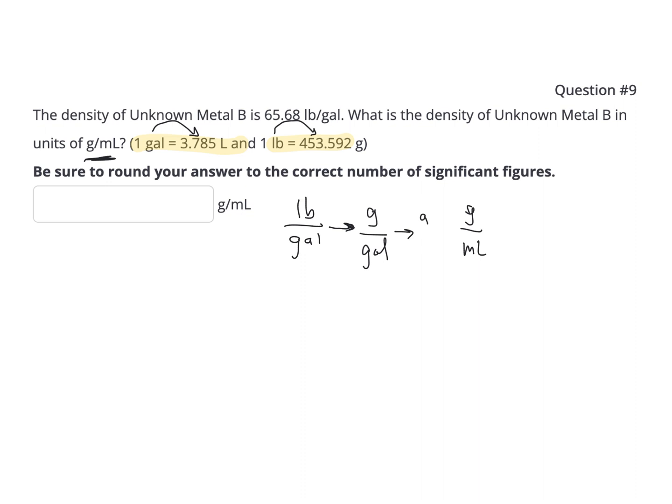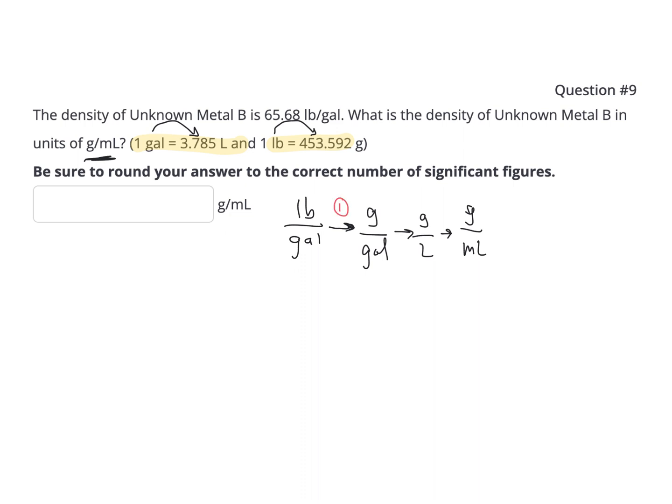So that would take me to grams per liter, and then we could do a unit conversion between liters and milliliters to get to grams per milliliter, our final answer. So a lot of dimensional analysis is simply just analyzing the units we're given and trying to come up with a roadmap of how we can connect the units that we have.